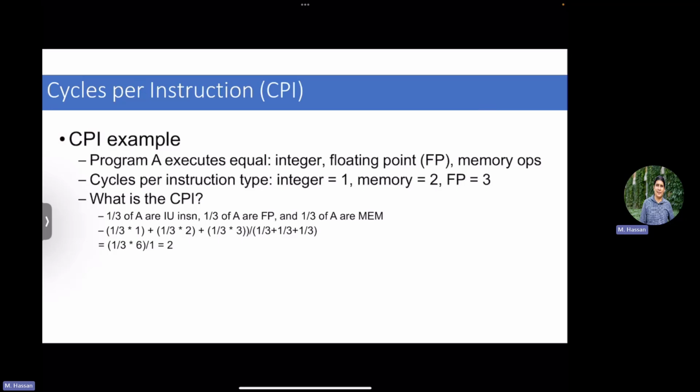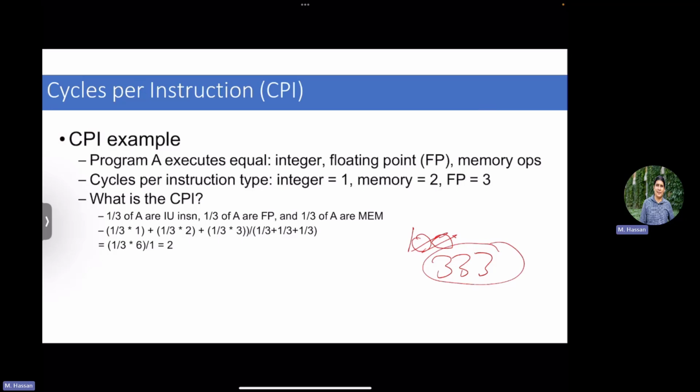Another way to convince yourself that this is a good representation is to ignore this average discussion and say, well, if I say 1/3 and 1/3 and 1/3, assume my program has, well, 1,000 is not divisible by 3. So let's say it has 333 instructions total, right? Because remember our equation, the first term is number of instructions, right? So I have a total of 333 instructions. And I'm telling you that 1/3 of it is integer, 1/3 is floating point, 1/3 is memory.